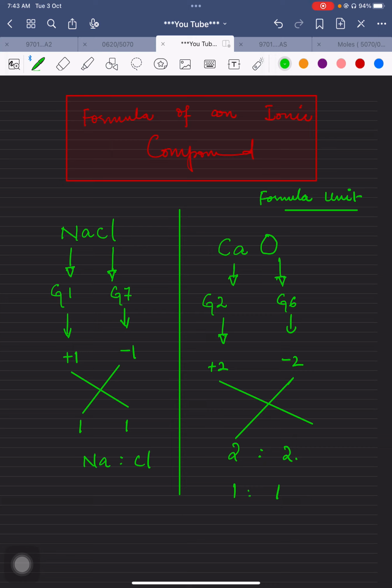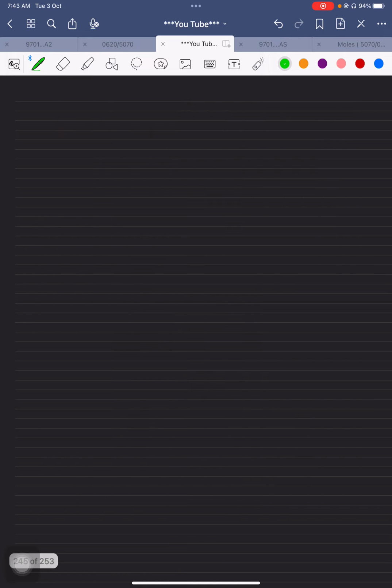All right, now we are moving on to the next board and I am telling you another example. For example, there are certain radicals. Before moving ahead, I would like to give you an idea about radicals or polyatomic ions. First of all, a student should know what an ion is.